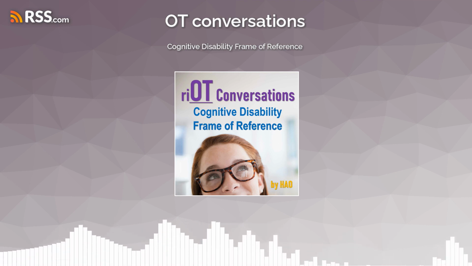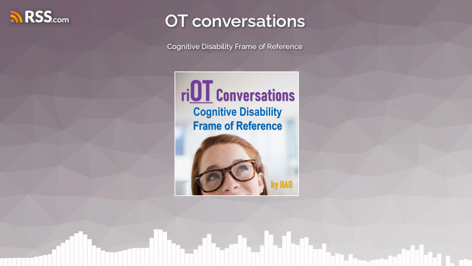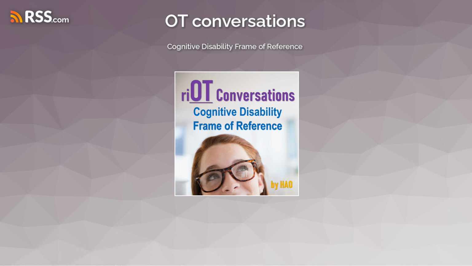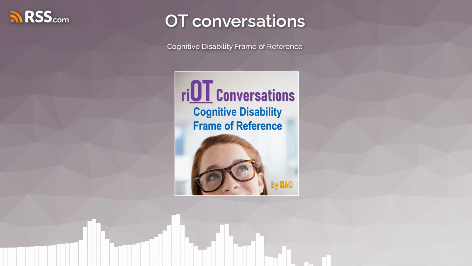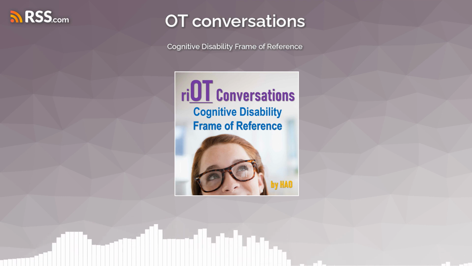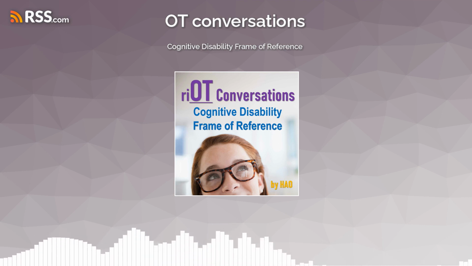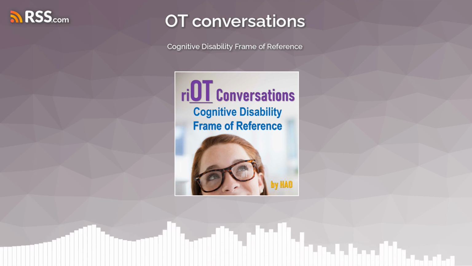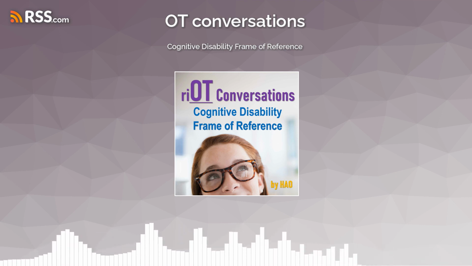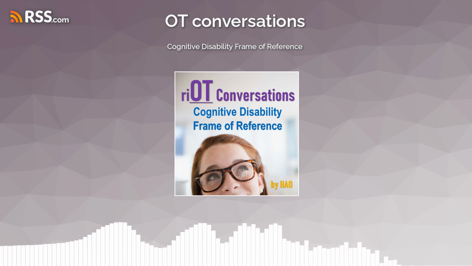So with cognition, there are different types of frames of reference. In the United Kingdom, what I find to be getting very popular is the cognitive behavioral intervention, cognitive behavioral therapy, cognitive behavioral frame of reference, or cognitive behavioral approach. Now, there's nothing wrong with this approach.